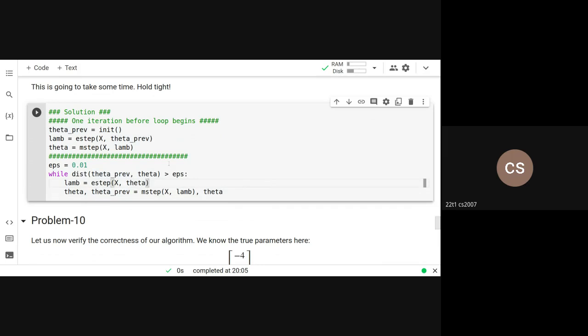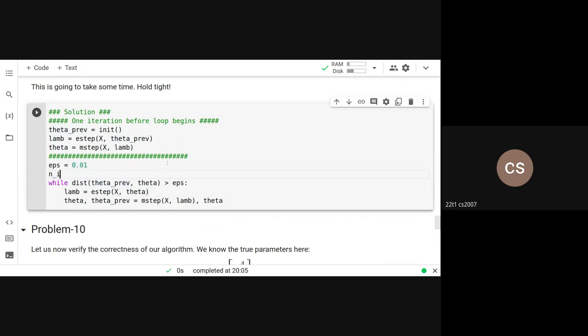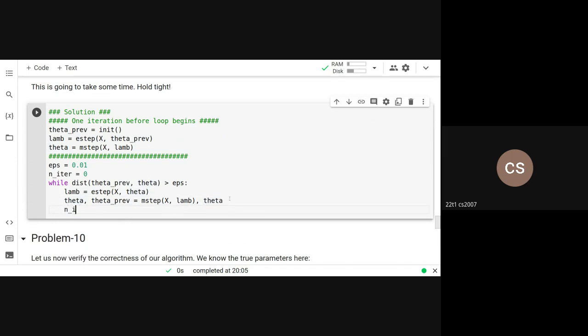I'll also have one thing to compute the number of iterations. Now if I've written the code correctly, it should work. Let's see.